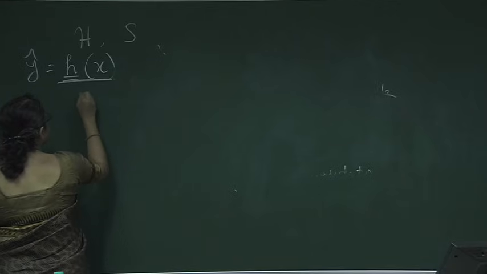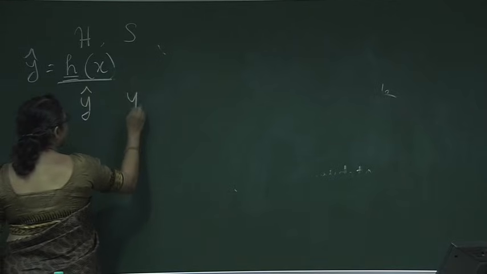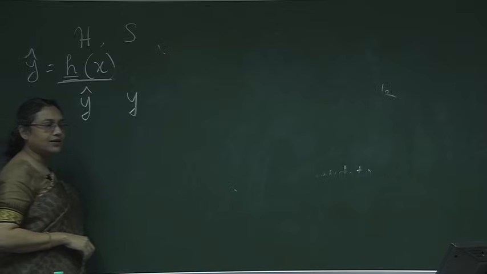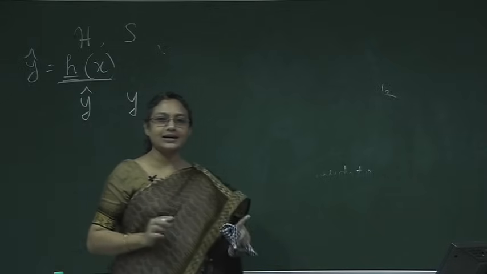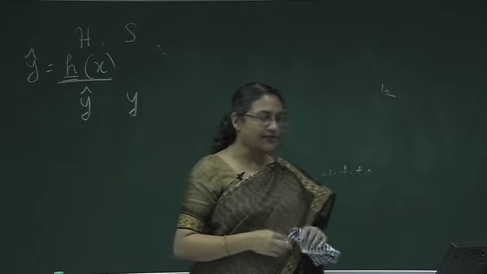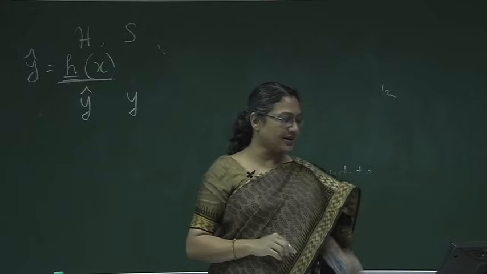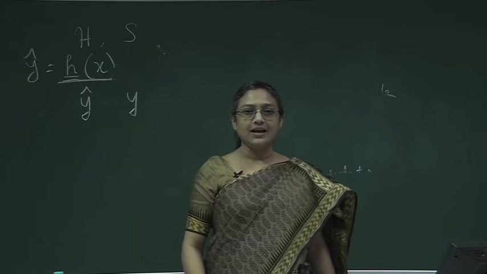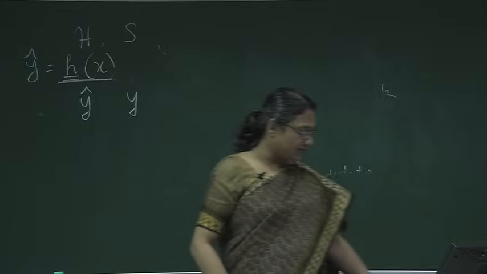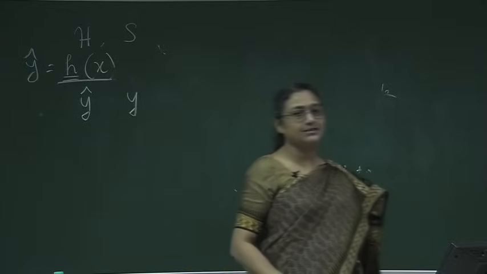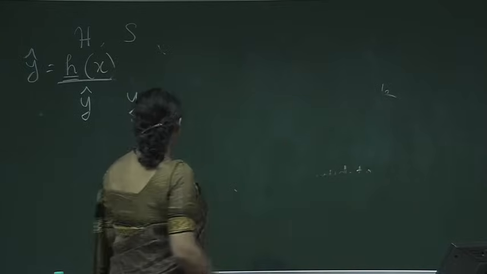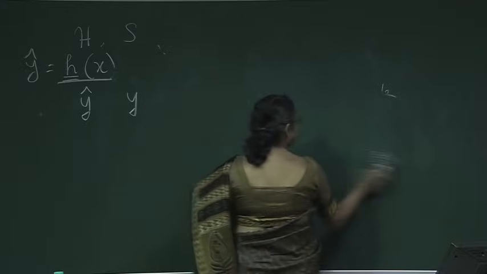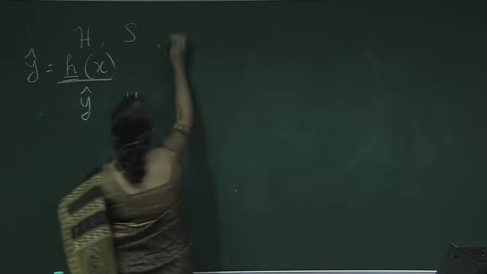So, y hat is what you have predicted and y is the actual value of y. Now, if y hat and y are the same, then there is no error, and if they are different, there is an error. So, if y hat differs from y, there is an error, and we have to discuss how this error is measured. There are different ways in which error is measured. We will talk about some of them.